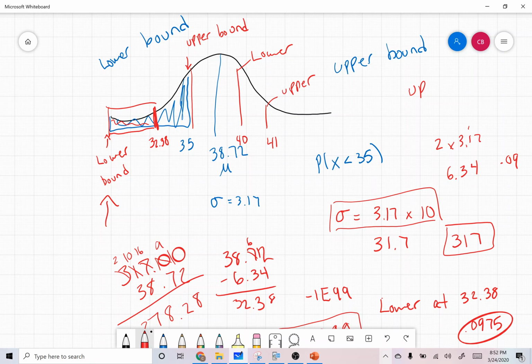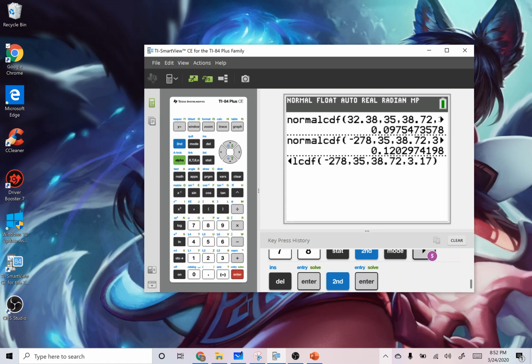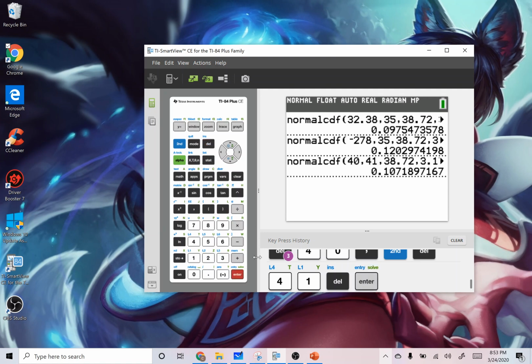So if you use the calculator, you'll just put 40 and 41. Enter, and we get about 10% of the data in between there.